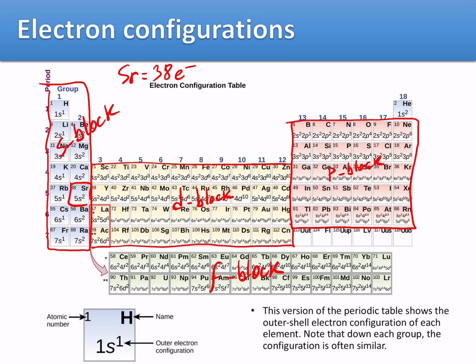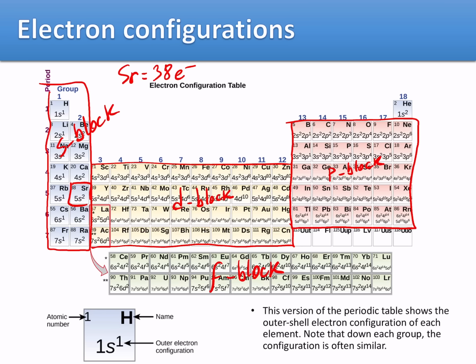Well, you can do shorthand notation. Basically, at some point there is a part of this configuration that is going to look like a noble gas, the previous noble gas. For strontium, the previous noble gas is the largest noble gas that has an atomic number lower than strontium.